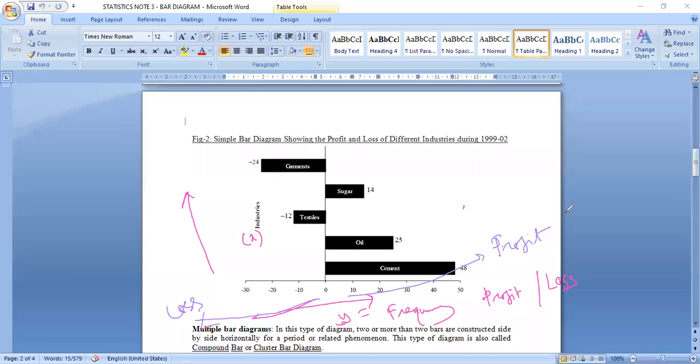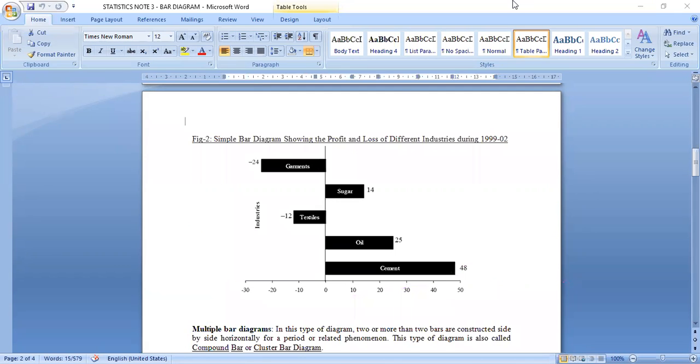So when the frequency is along the horizontal, then it is called a horizontal bar. Theoretically, when the frequency is along the horizontal, like y is along the horizontal line, y-axis, then it is called horizontal bar. Simple bar, but at least a different approach.